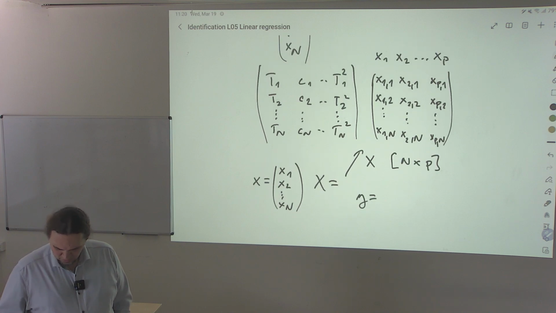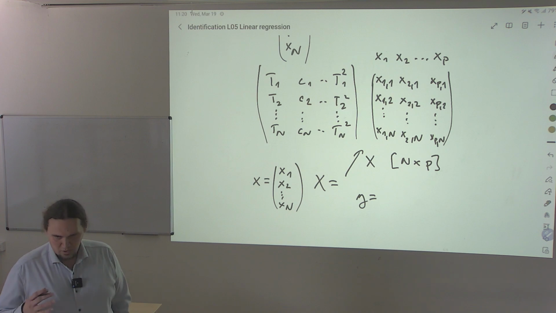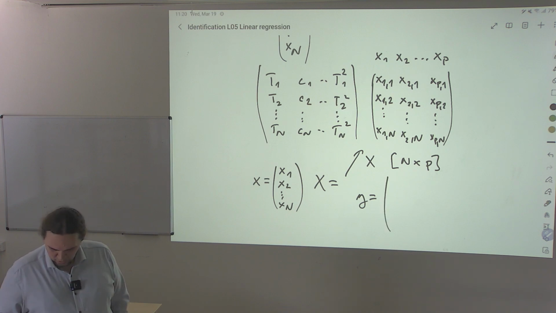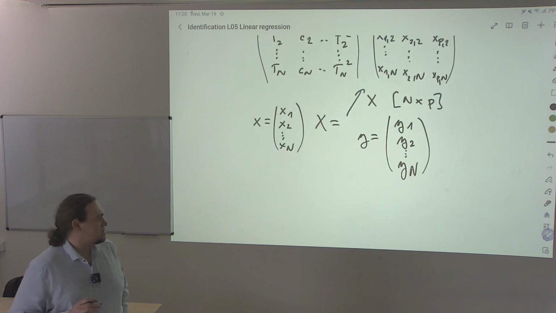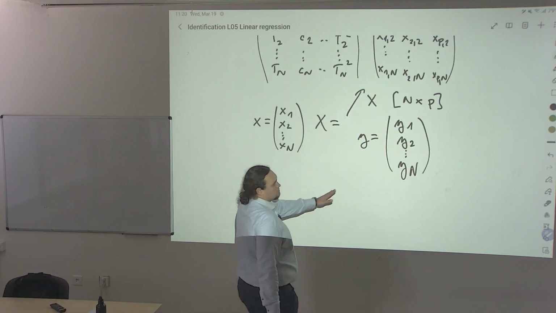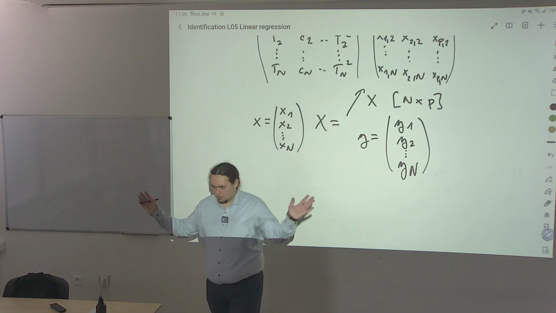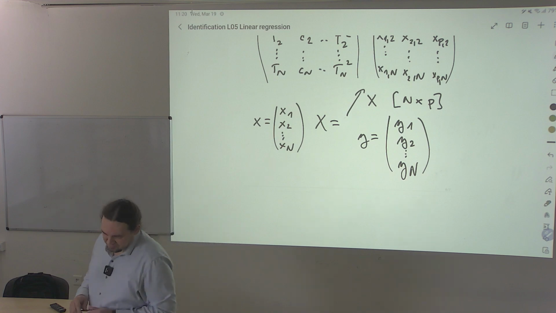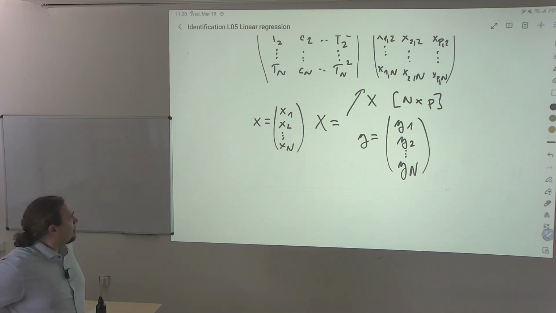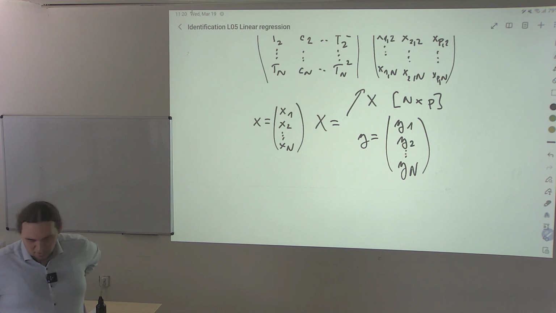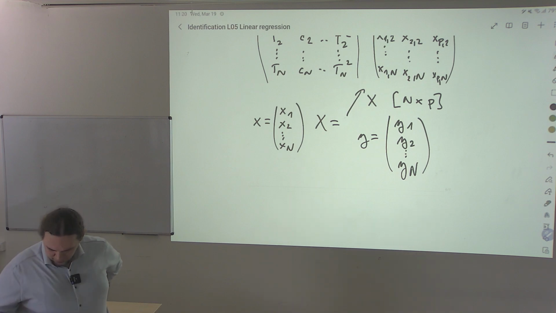Let's just assume that our vector of the output variables will remain to be just a vector, which means we will just measure one quantity: pressure, the composition of a distillate from a distillation column, concentration of some products.